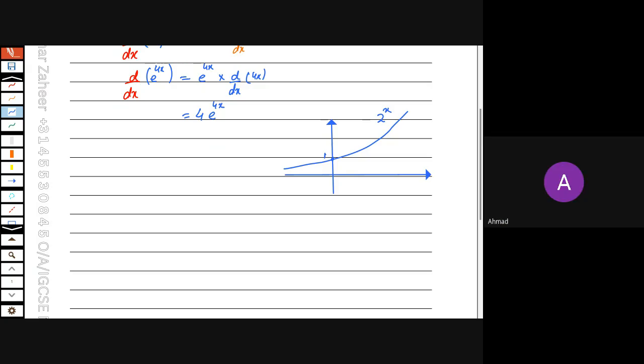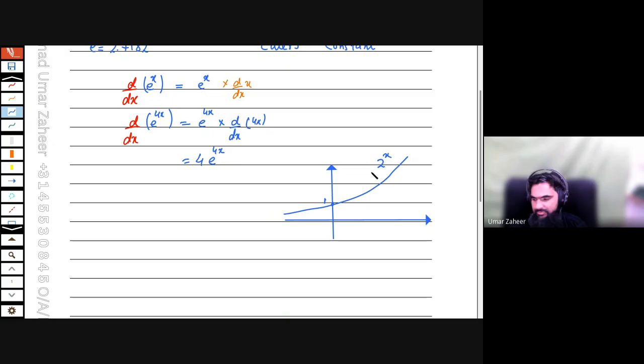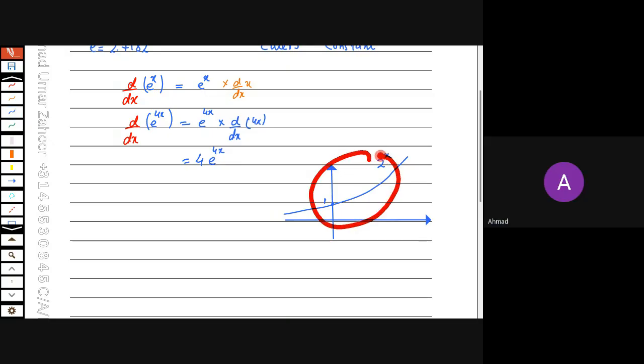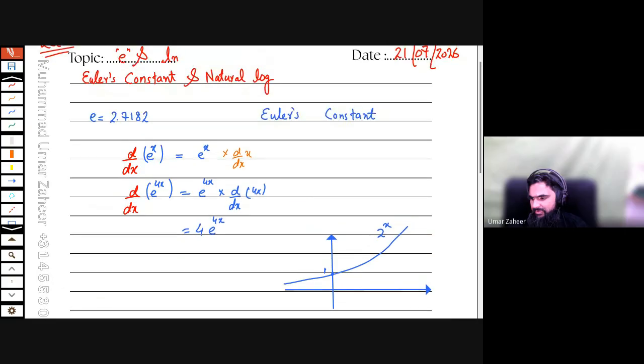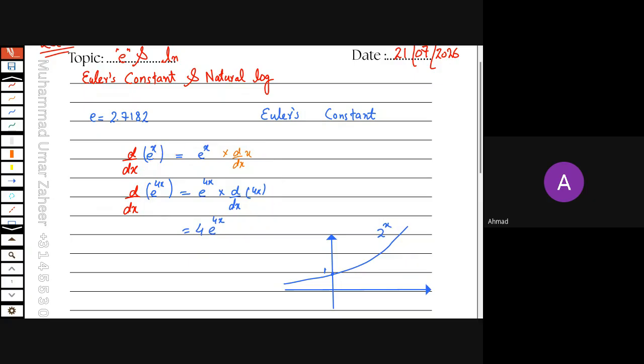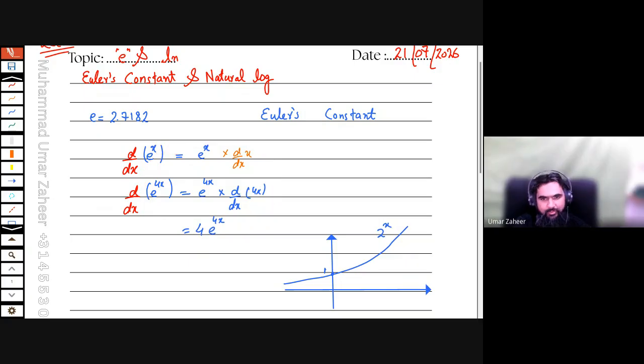Sir, can you quickly explain the first point again? Yes. I'm just talking about the derivative of the exponential. We have a specific rule about the derivative: if you take the derivative of x power n, you take the power to the front and subtract one from the power, right?